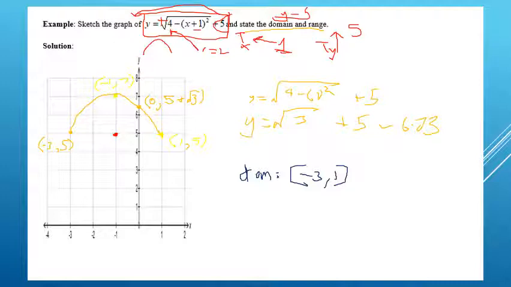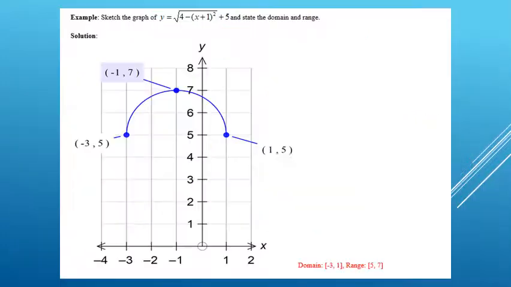And the range, what's the lowest y value we get to here is 5, so the range is 5, and the highest value is 7. Once again, if you wait to the next slide, you can see a very nice version of this. Okay, so if we go across to the next slide now, it's a much better graph there.